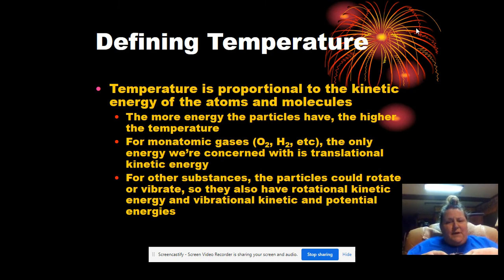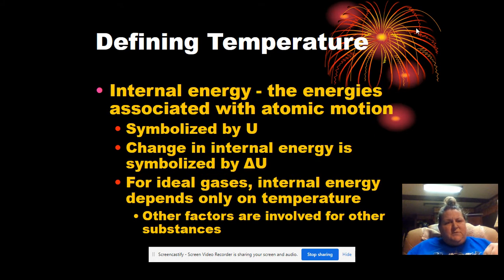The particles vibrate, so there is a vibrational kinetic energy, and there is potential energy in the particles that are not moving as much as they could, if that makes sense. So we're down to the atomic level, thinking about the atoms and the molecules that make up the substances we're referring to. So we're talking about the kinetic energy of those particles.